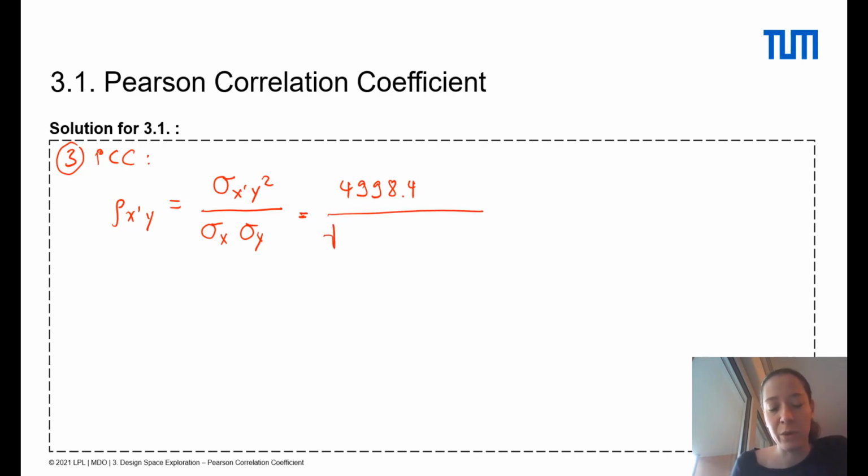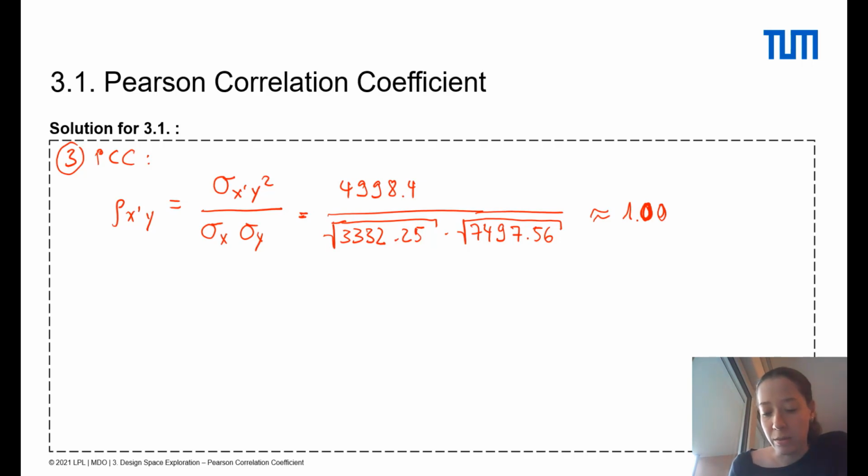On the last slide we computed the variances, so now we have to use the square roots of 3,332.5 and of 7,497.6. If we plug that into the calculator, it's approximately 1.00.